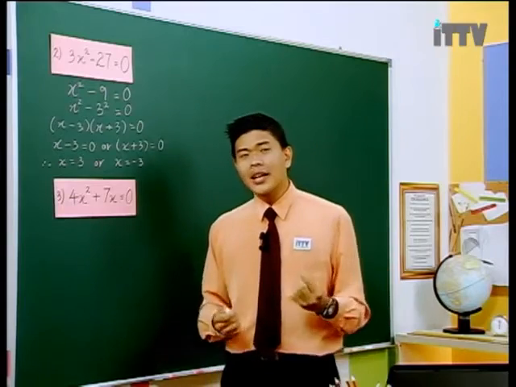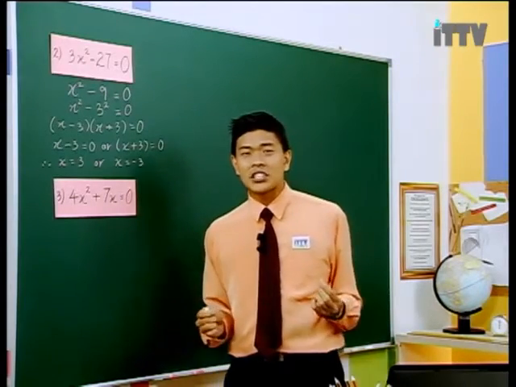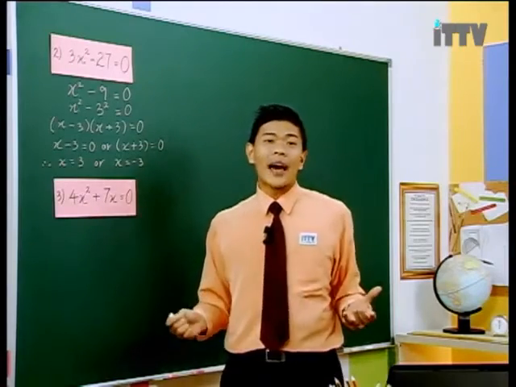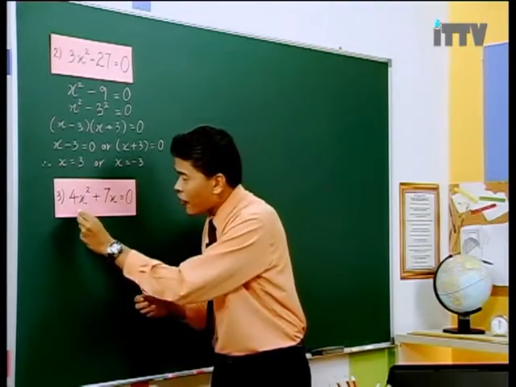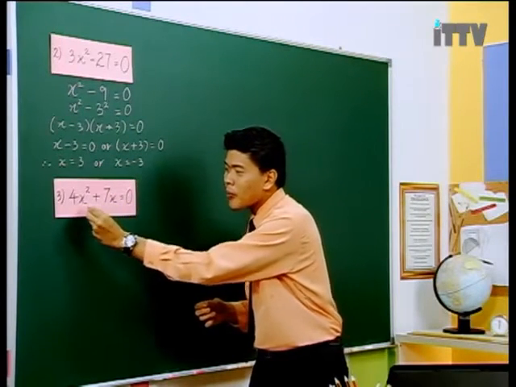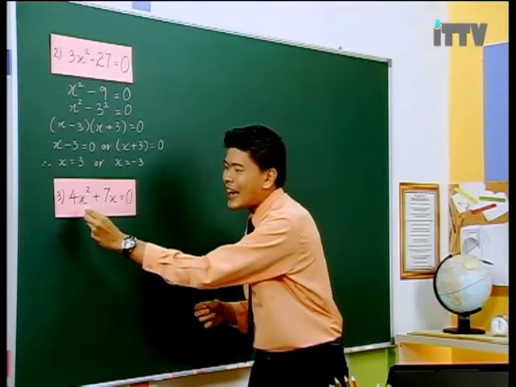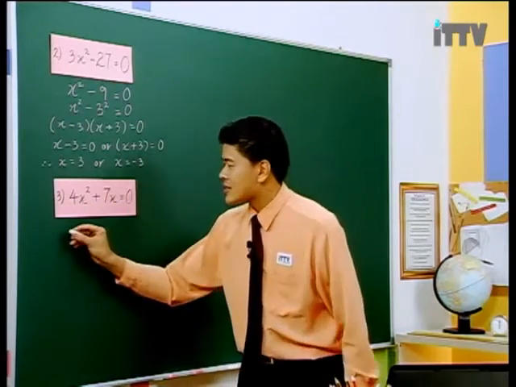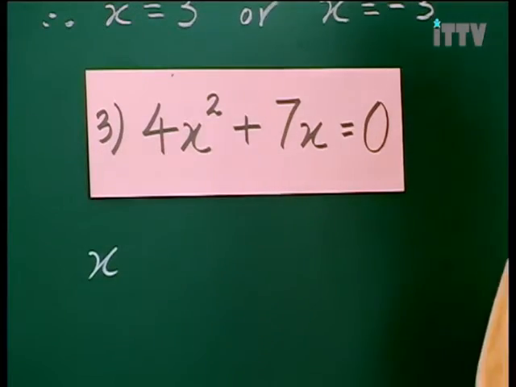So step 3, apply necessary factorizations. I'm sure you are good at this right now. What are the common factors? In 4x squared and in 7x, both of these terms have the common factor x. So we take out x and put it outside.